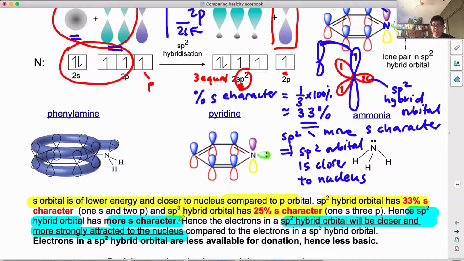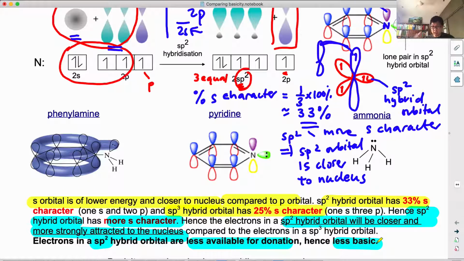So what it means is this: the electrons in the sp2 hybrid orbital are less available for donation. Because it's closer to the nucleus, it will be less available to donate, and it's also less available to accept a proton. Hence, it ends up being less basic.